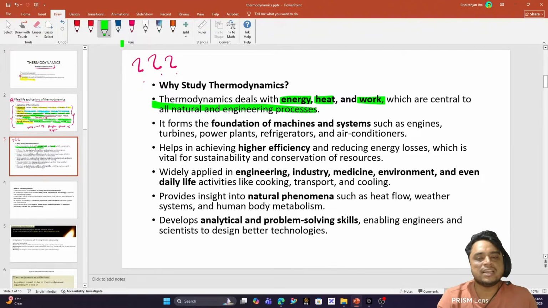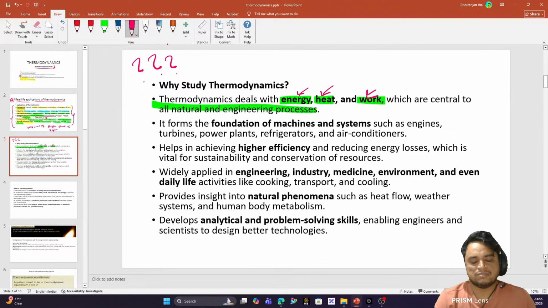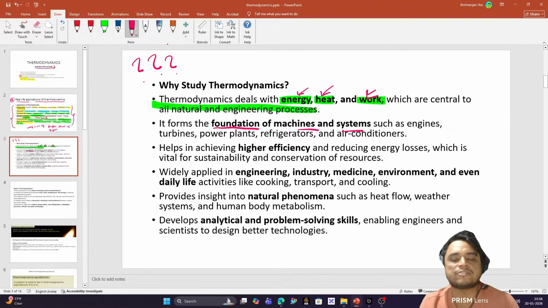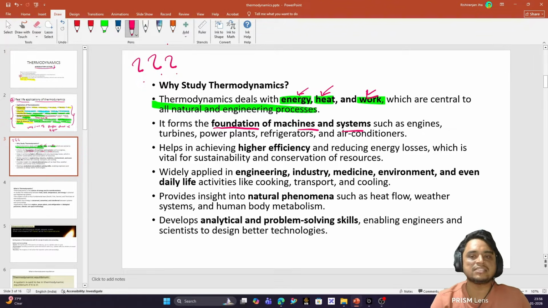Wherever there is application of heat, energy, and work, we have to study thermodynamics, because it is the foundation of all machines and systems, whatever machines are around us, from turbines to plane engines to car engines, everywhere these are involved.